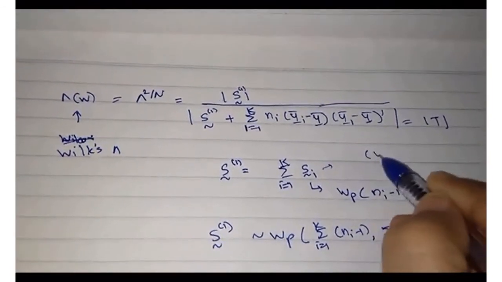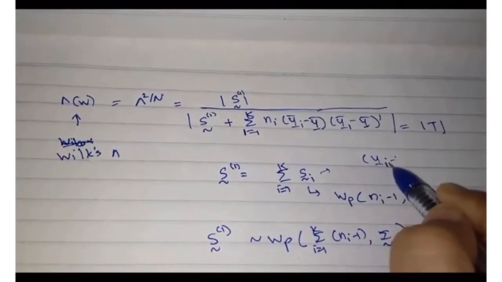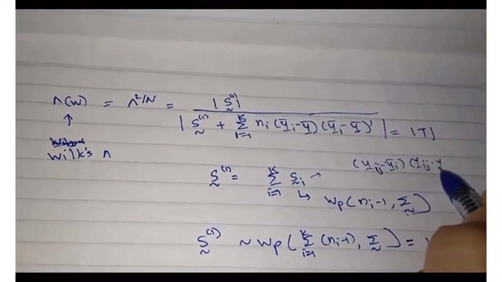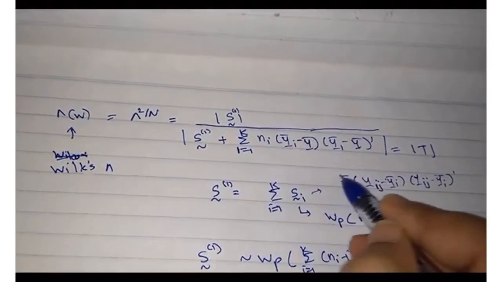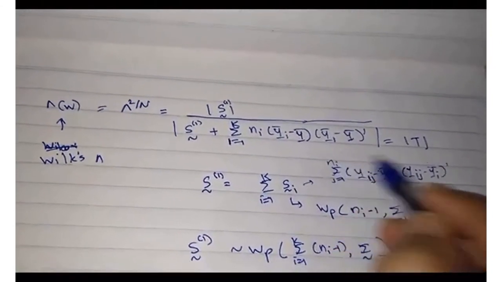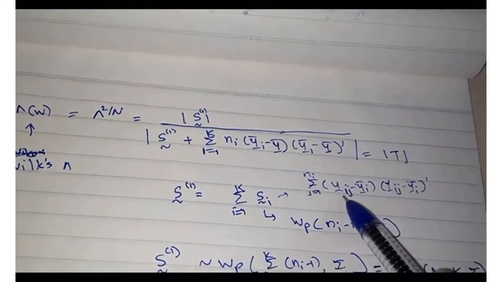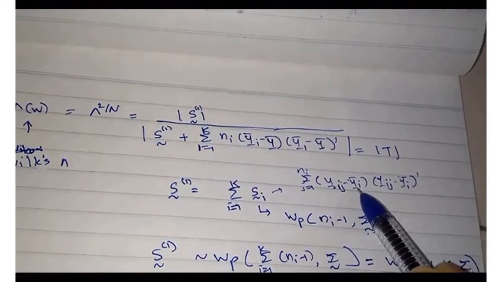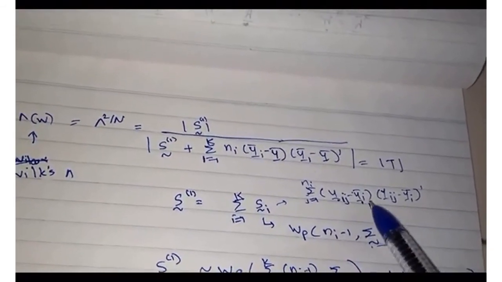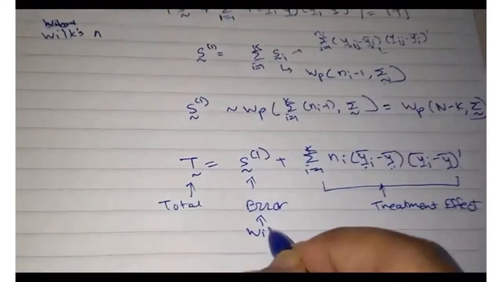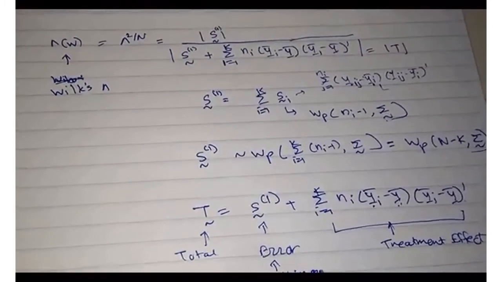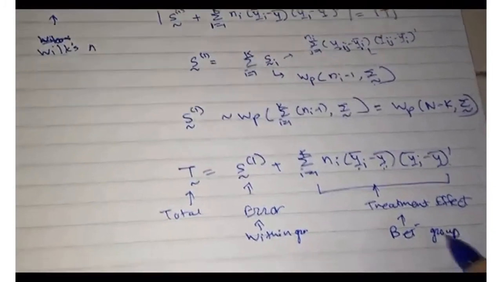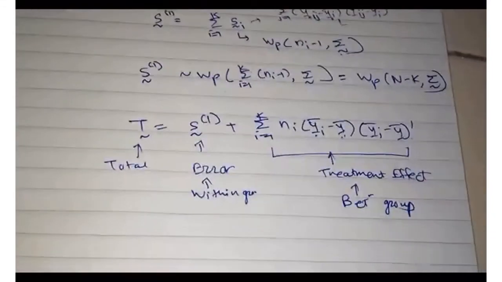Each Si is (Yij minus Yi bar)(Yij minus Yi bar) prime, summed over j going from 1 to ni. So each Si is the deviation of every observation from its own group mean. So this is like the within group thing, and this is the between group thing. This is exactly equivalent to what you have in univariate ANOVA.